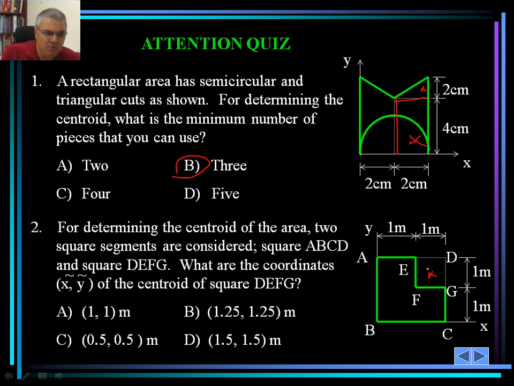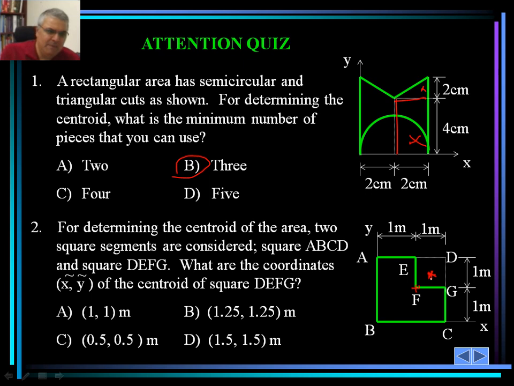It's actually 1.5 and 1.5, because for this particular square, the bigger one, A, B, C, D, the centroid is going to be right at the center. That's point F. And for this smaller one, it's going to be right at the middle of E, F, G, D. They're squares. It's much easier to calculate them.